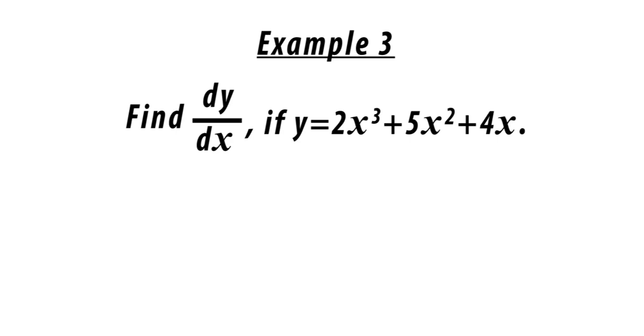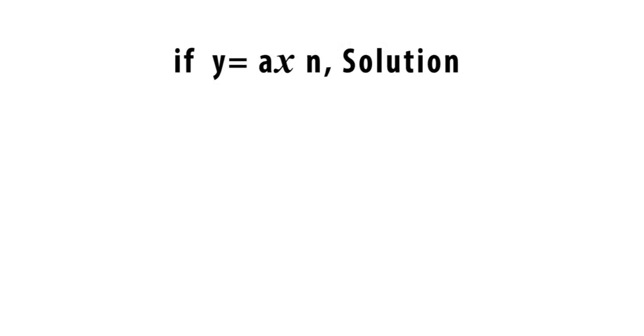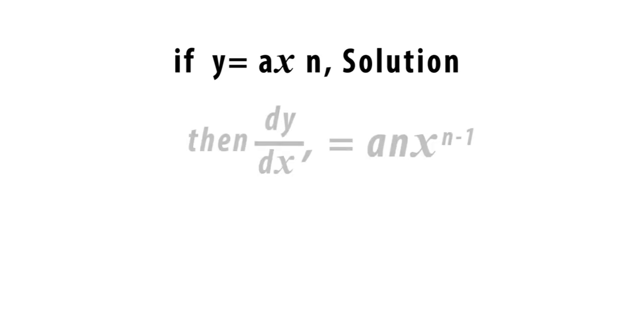So we are just going to use the power rule on each of the terms, and that gives us our differential. So as discussed earlier on, if y is equal to ax exponent n, then dy dx is equal to anx exponent n minus 1.